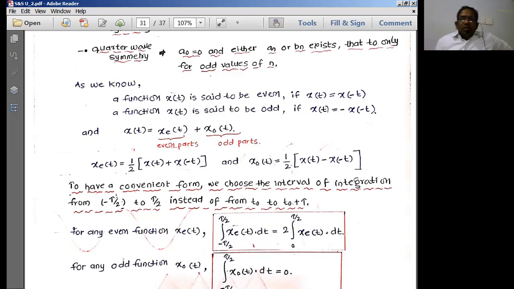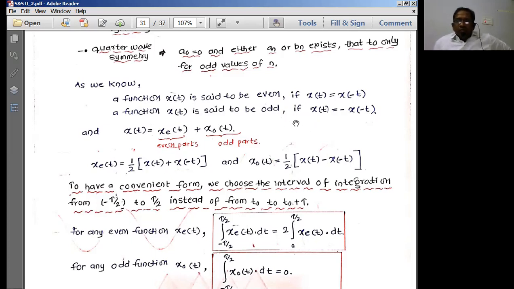Therefore, for an even function, x of t is equal to x of minus t. For a negative interval of time, the signal amplitude is the same for even symmetry. For an odd function, x of t is equal to minus x of minus t. That means over the negative interval of time, the signal value is the opposite of the signal value x of t.